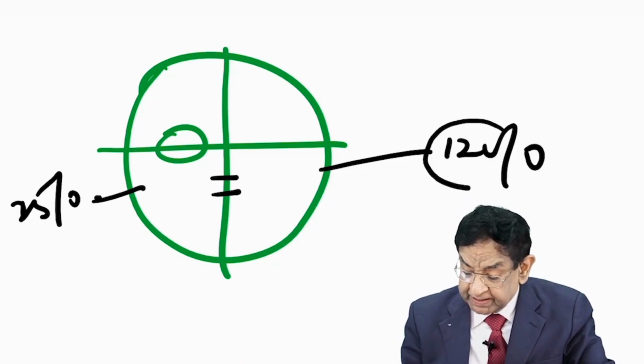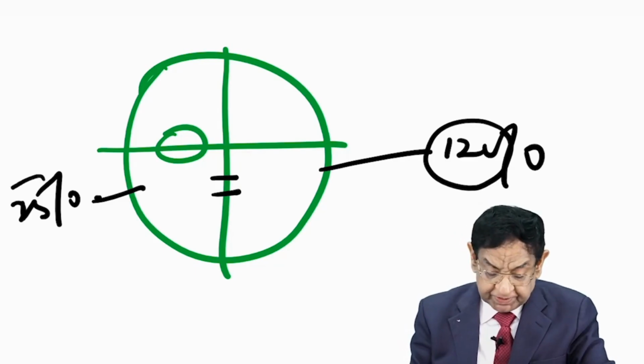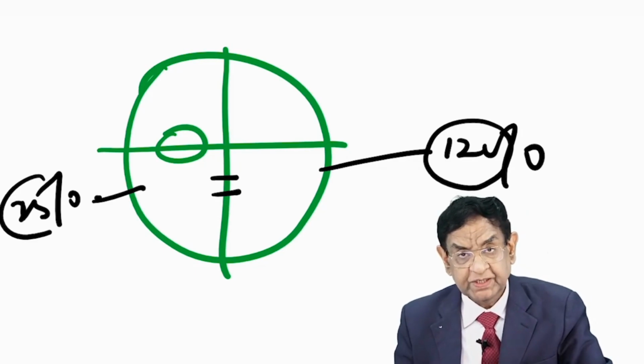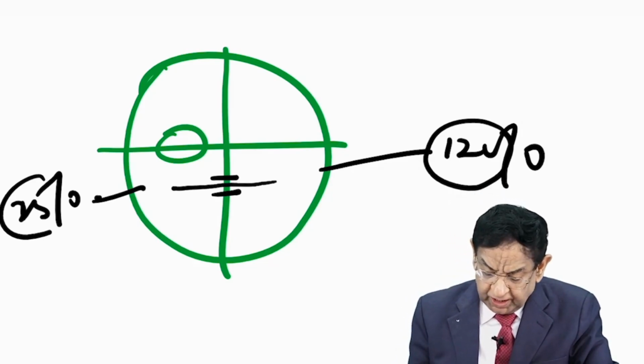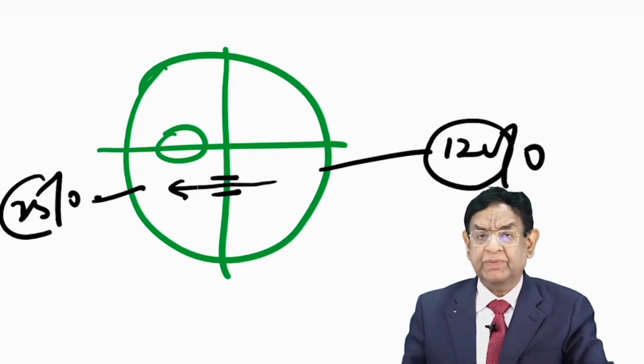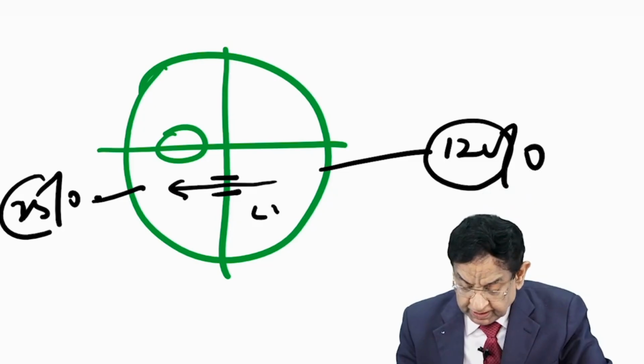Here the pressure in systole is 120. The pressure here is 25. So what will happen? During systole, a large amount of blood will flow from LV to RV.